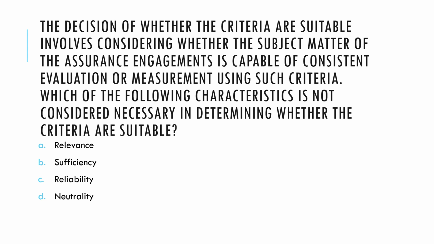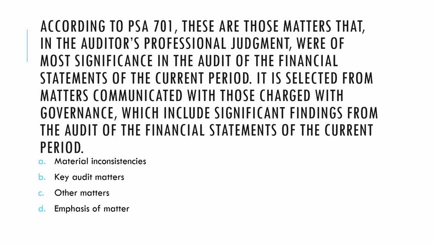Letter R for reliability, letter U for understandability, letter N for neutrality, letter C for completeness, and the other R, of course, for relevance. So the only item we didn't mention and is not included in our RUNCR mnemonic is letter B. Sufficiency is not part of the characteristics of suitable criteria.